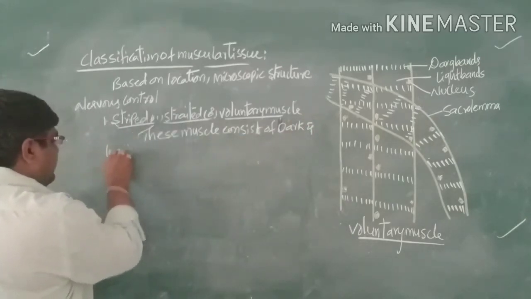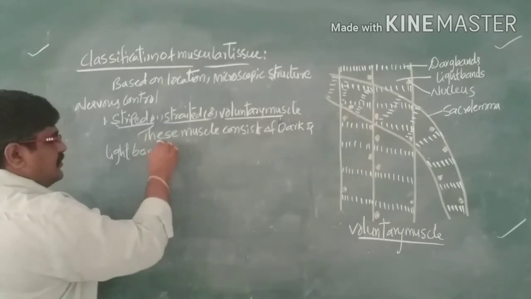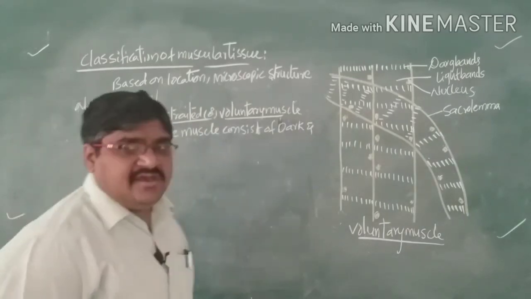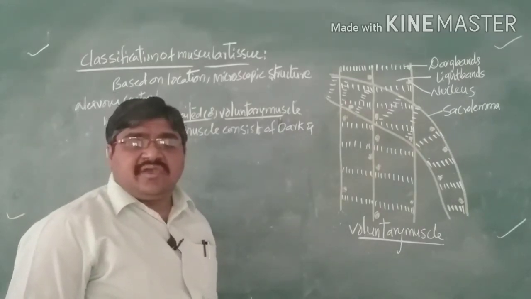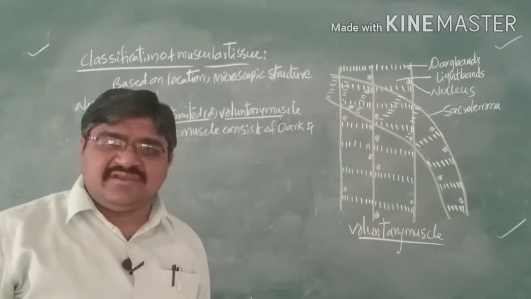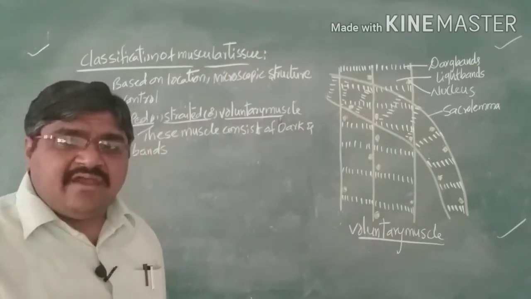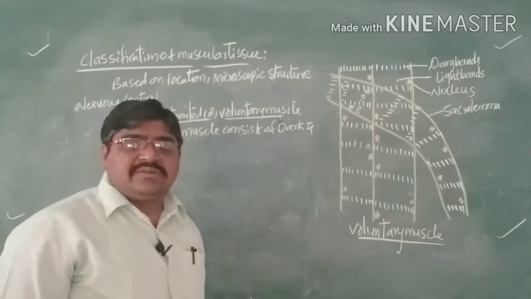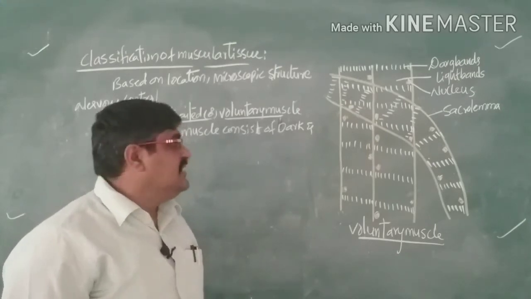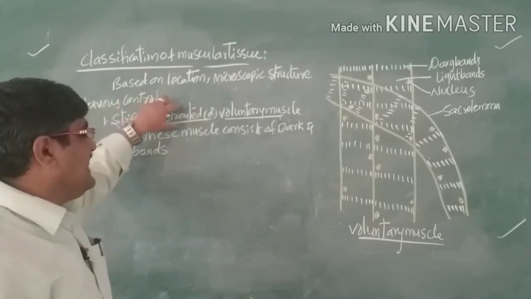Due to the presence of the dark bands and white bands, we can call them striped, like a giraffe with its stripes. Due to the presence of dark and white bands, we call them striped muscles, or otherwise striated muscles.